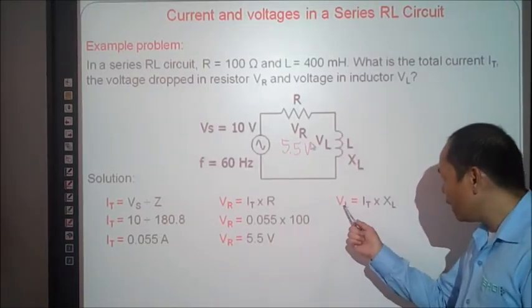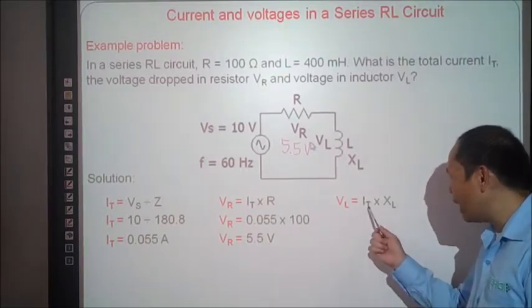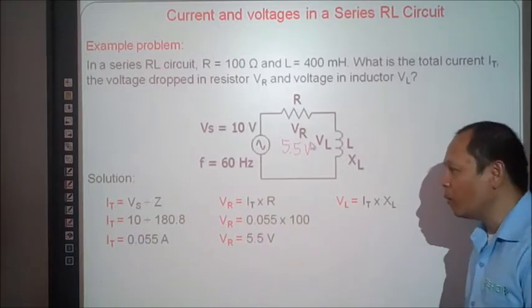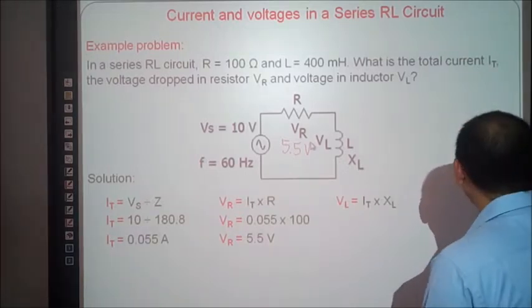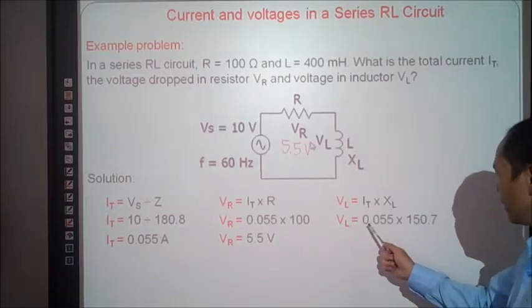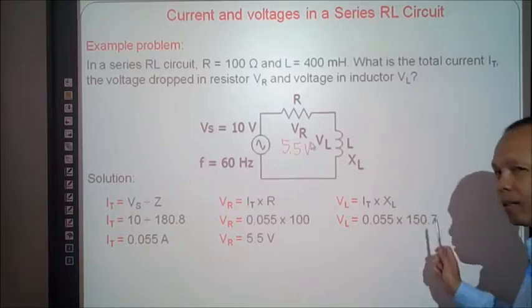So inductor voltage is equal to total current times XL. So substitute IT, which is this one, and substitute XL, which is equal to 150.7. Okay, so this is now the equivalent of IT and XL.